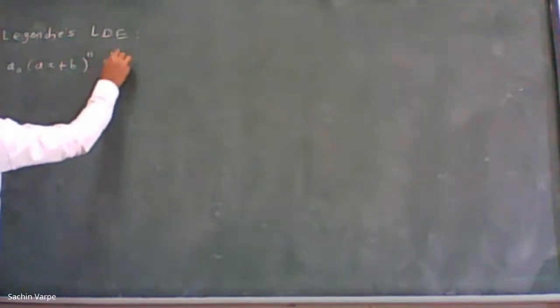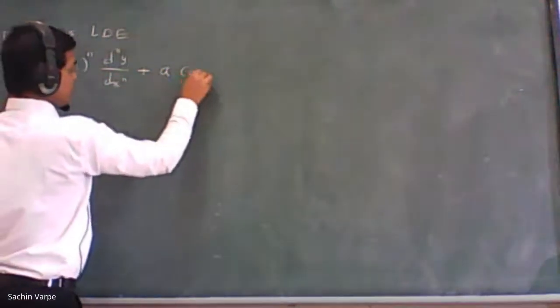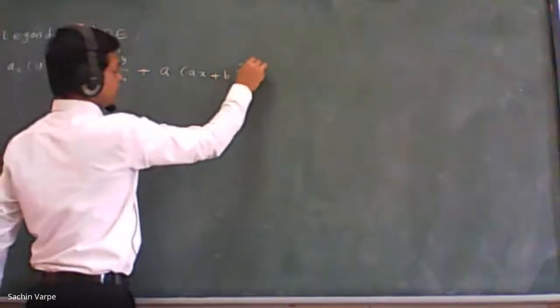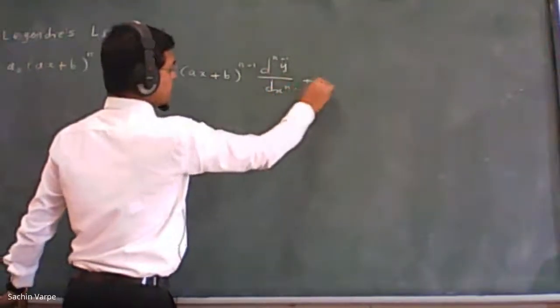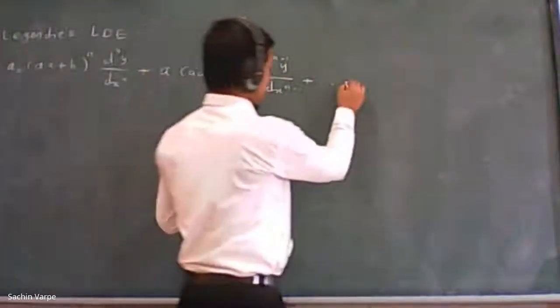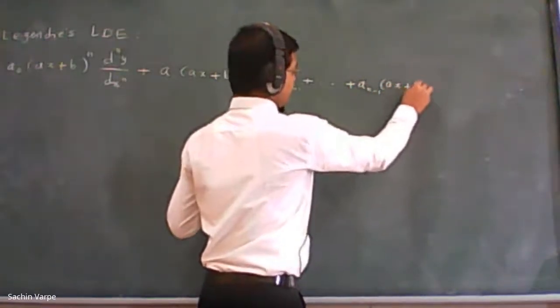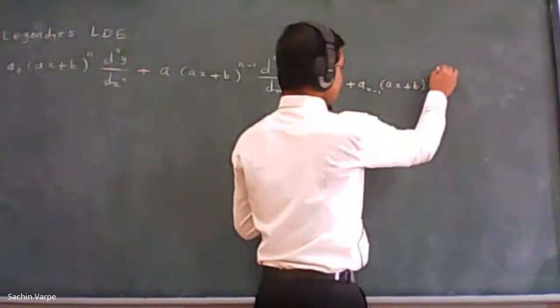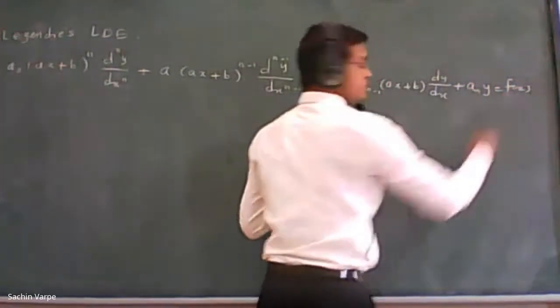So if the coefficients are of the form a naught (ax plus b) to the power n, nth derivative of y with respect to x, plus a1 (ax plus b) to the power n minus 1, n minus 1th derivative of y with respect to x, plus and so on, plus a n minus 1 (ax plus b) dy by dx plus a n y is equal to f of x.